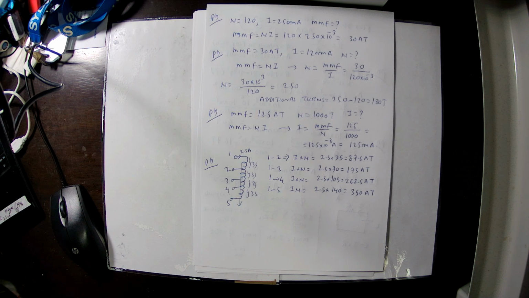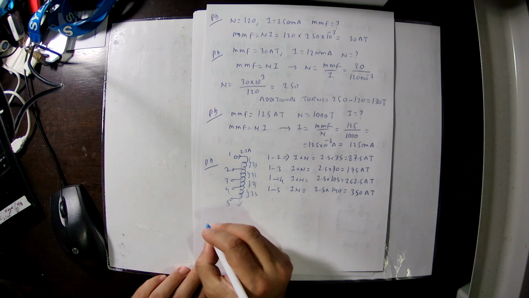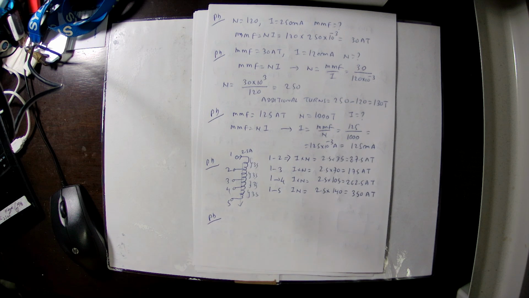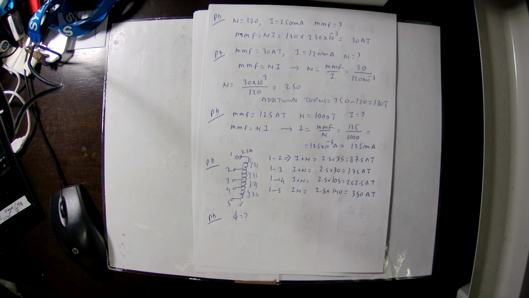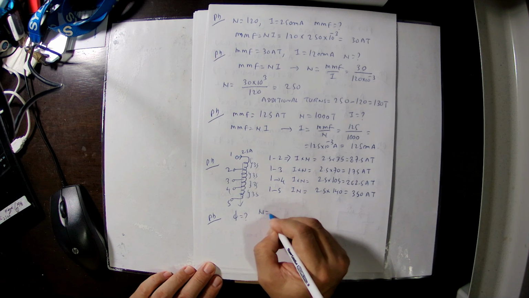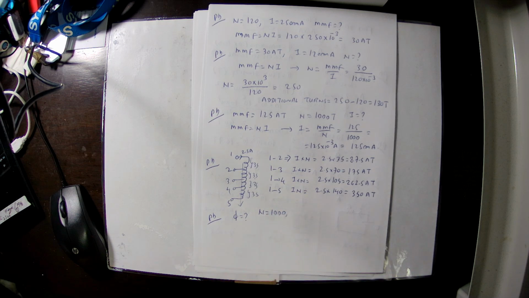Okay, the next problem. We have to calculate the flux. In this case, the number of turns N is 1000, and the current flow is 1.5 ampere.